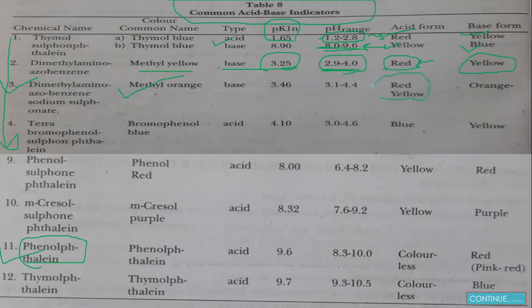You can see change in color. In the acidic form, it's a red yellow, and then in the basic form that goes to orange. Okay, and as we know that here in the acidic form, it does not show any color, and when the pH becomes basic, that shows red or pink red color.